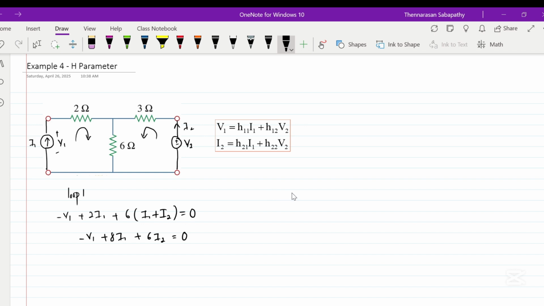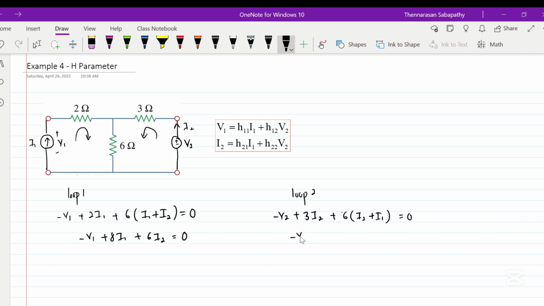So we continue with loop 2. Loop 2: negative V2 plus 3I2 plus 6 times I2 plus I1 at this branch, because we have two currents here, equals 0.